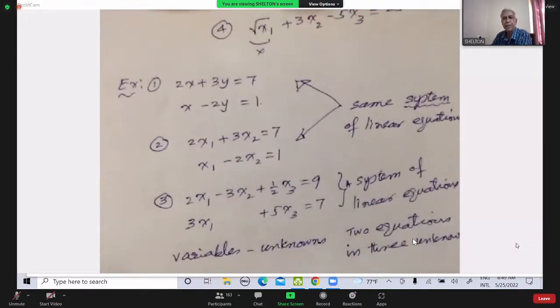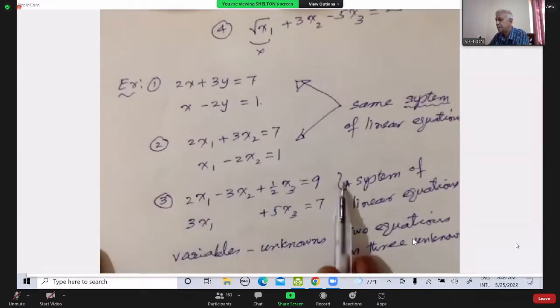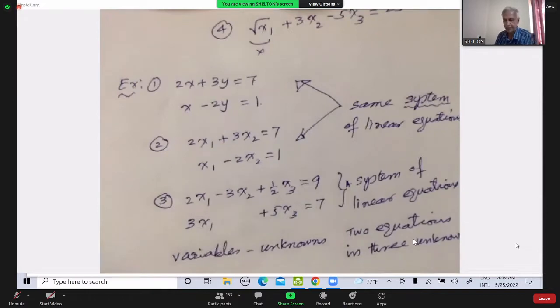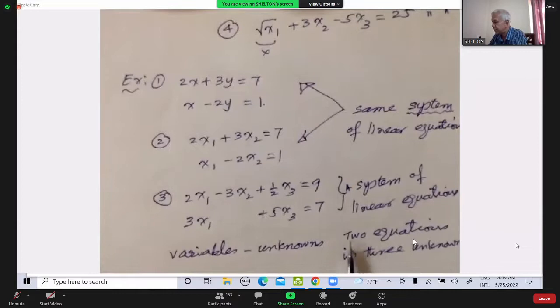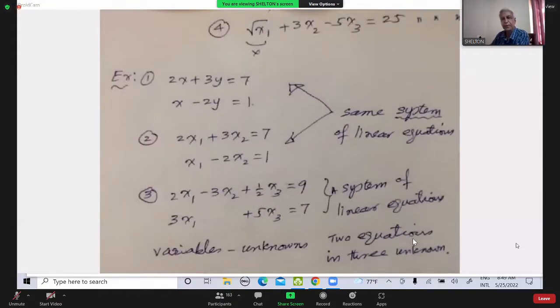A system consisting of equations like the ones given here, linear equations. So we also can say 2 equations in 3 variables, 3 unknowns or 3 variables. That is also the same. So we have to get used to different notations.